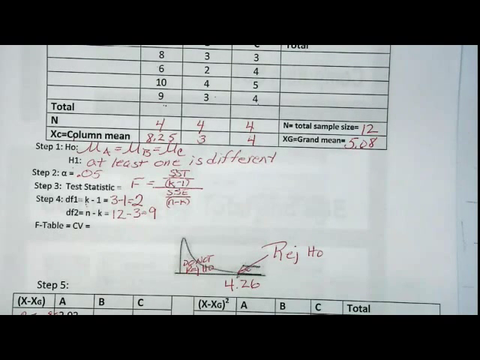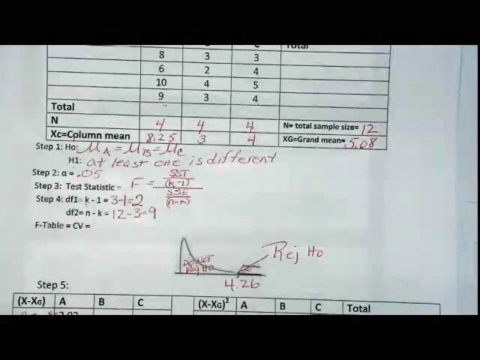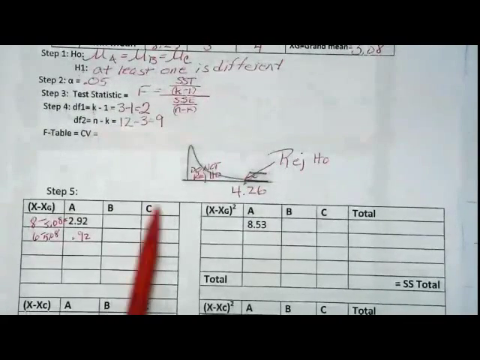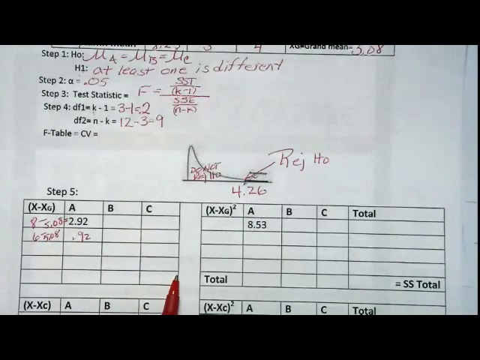This next data point is going to be 6 minus 5.08, and it's 0.92. I would like you to pause and calculate all of these data points here.